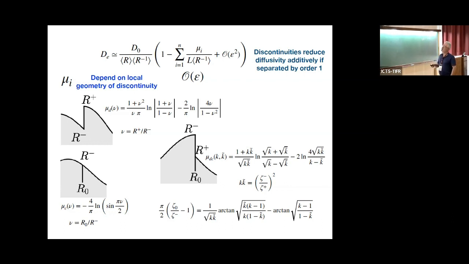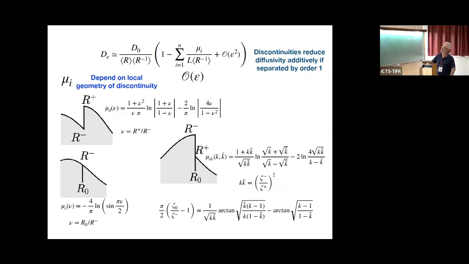So the formula is, this is R, I've now changed, this is basically just the radius, the width of the channel. This is what I was calling H before. This was the length. So you can see this term here is scaling as order epsilon. And then you have these universal terms here, mu, which take these forms.